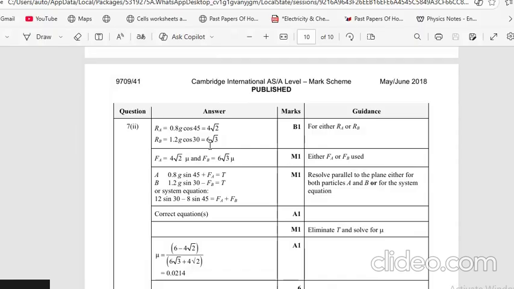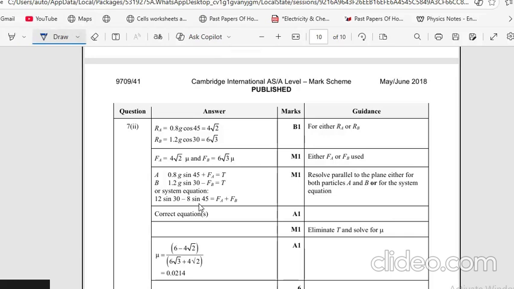This mu R is done. Friction is mu times the reaction, and he multiplies by mu to get two frictions and puts these frictions there. But they're the same thing I'm doing.